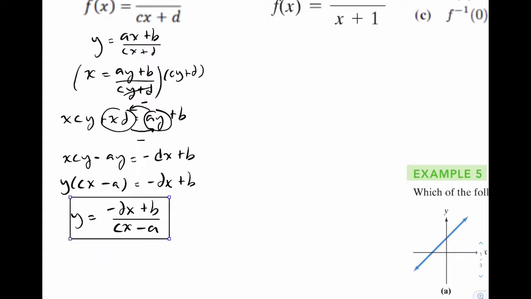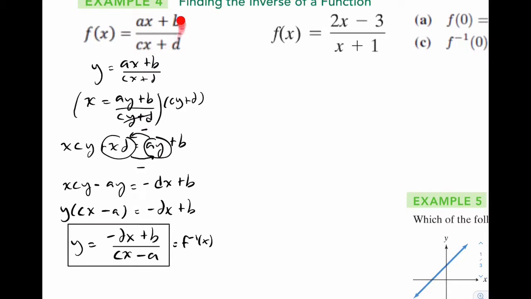Now you might be thinking, why did we do that? What you just found is the inverse function of this generic thing I put right here. And notice how it's actually a pretty interesting formula, because the b and the c didn't move. The a and the d, notice how they switch and they negated. That's really interesting.